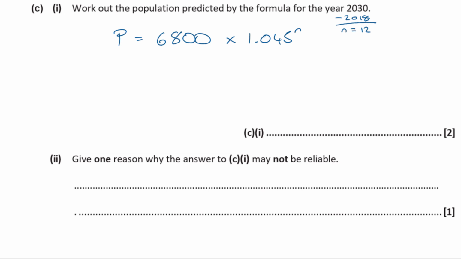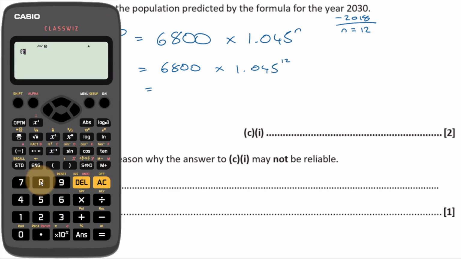So the population is going to be 6,800 times 1.045 to the power of 12. I make that 11,531.99. I'm going to round that up to 11,532.